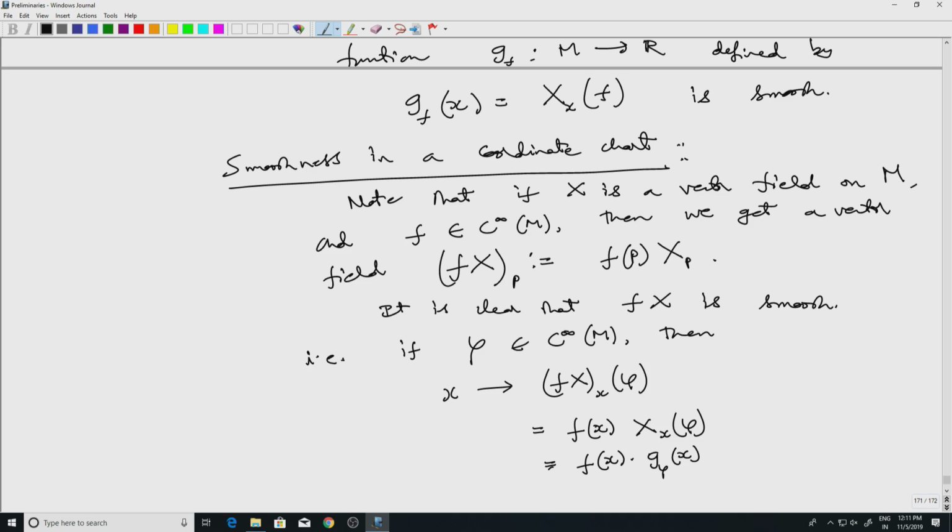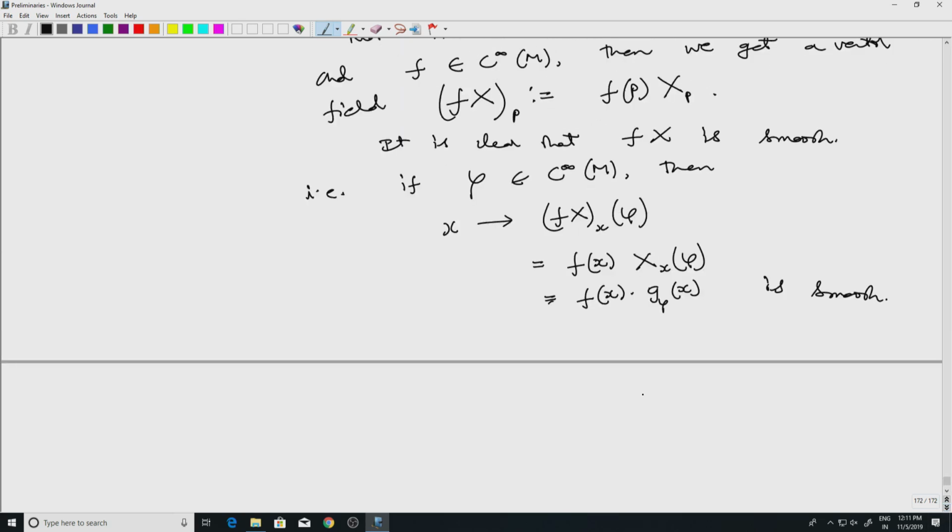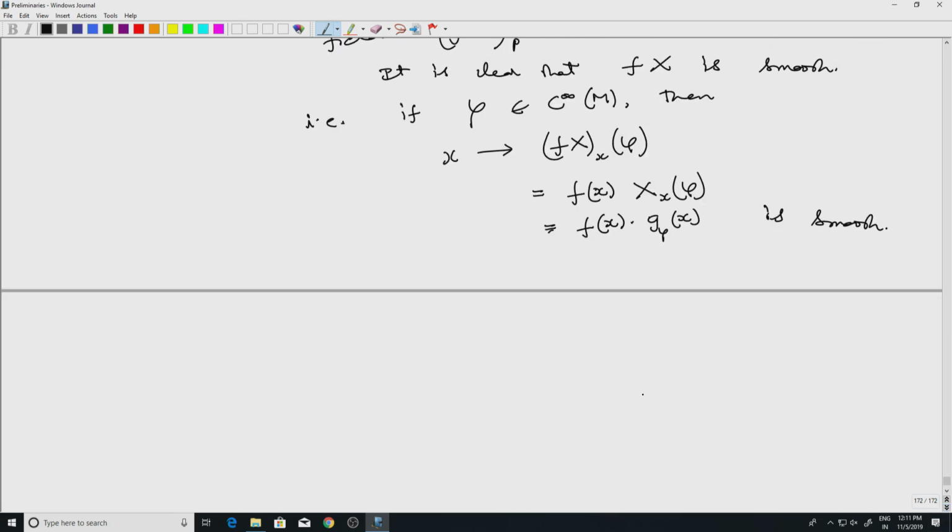So f times g_phi will be smooth. So in short, given a vector field and a smooth function, I can multiply the vector field by the smooth function and get another vector field.